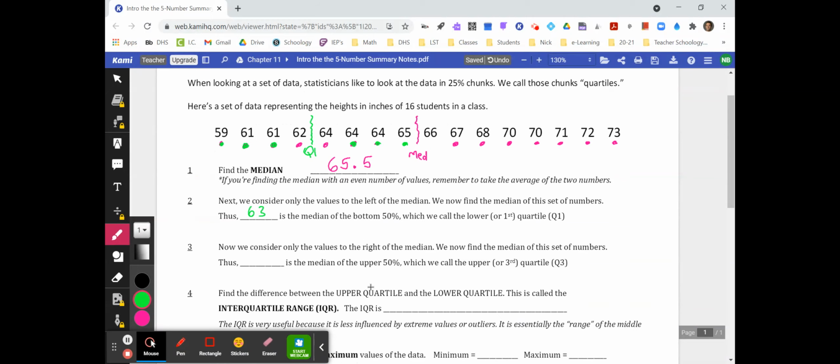And now we're going to consider only the values to the right of that median. We're now going to find the median of this set of data. All right, so again, we're going to go back and forth here to find the middle, or the median, of this set of numbers. And there we go. We've got our even numbers there. So right there's going to be our Q3.